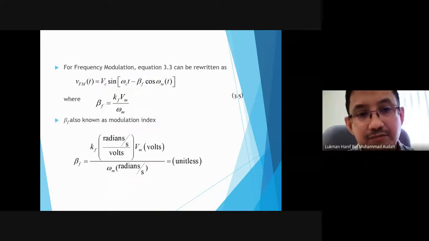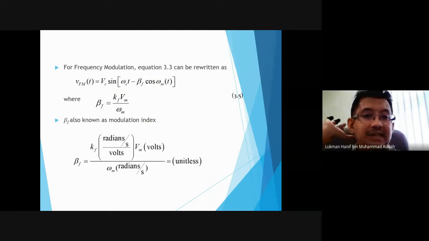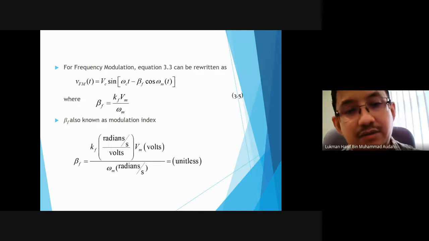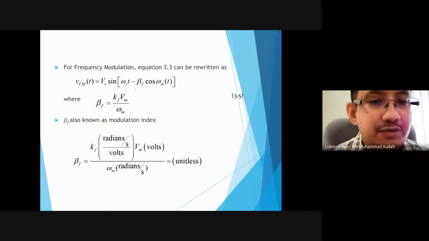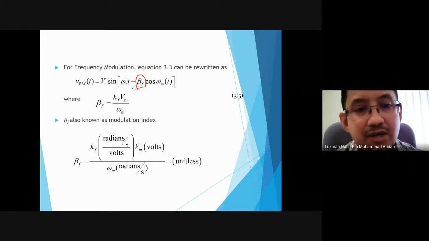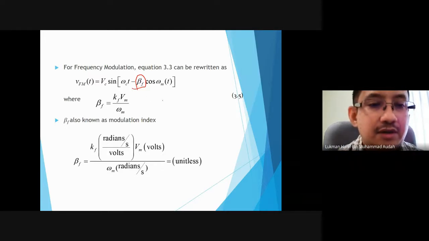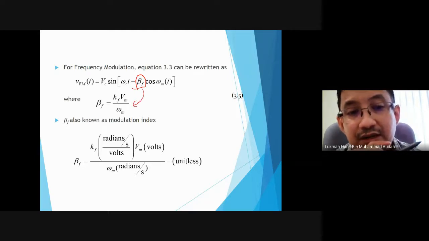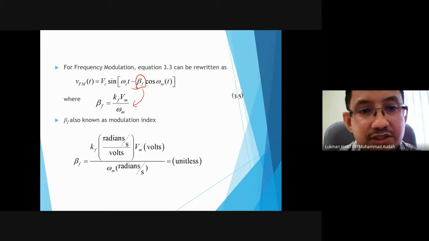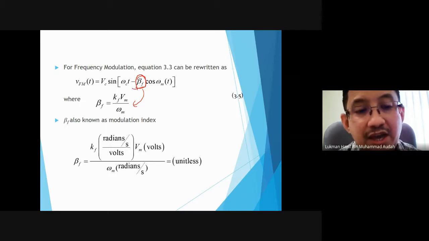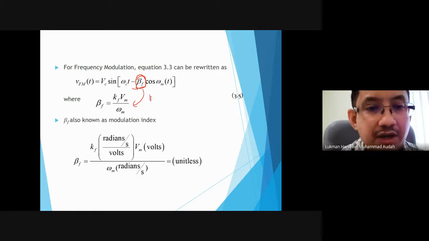Okay. What about beta F? Nampak? So beta F, this one. Remember about FM equations? FM equations tadi yang kita belajar tadi. Beta F, parameter di hadapan cos ini sebenarnya adalah KF VM over omega M, or you can write KF VM over 2 pi FM.